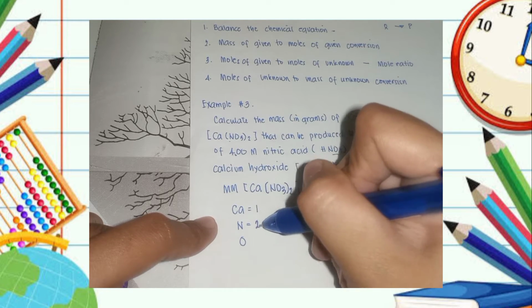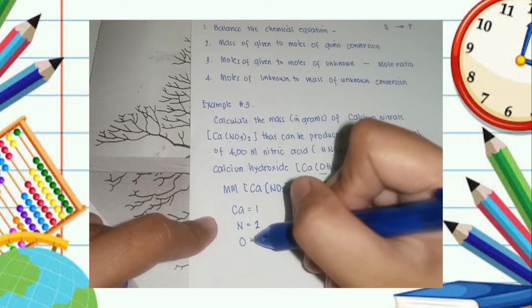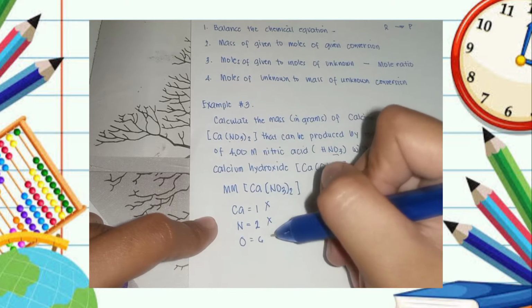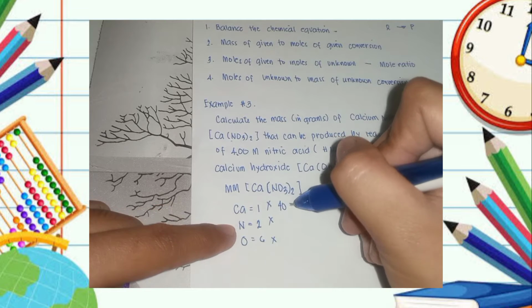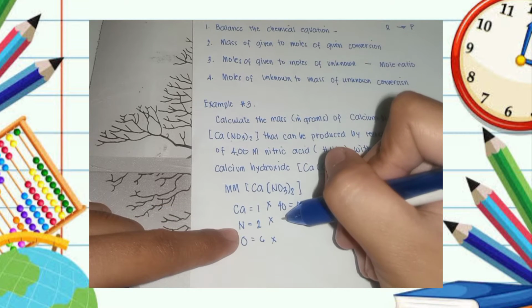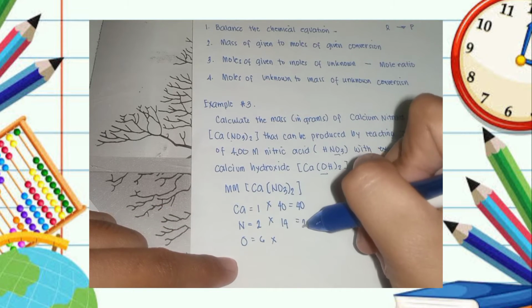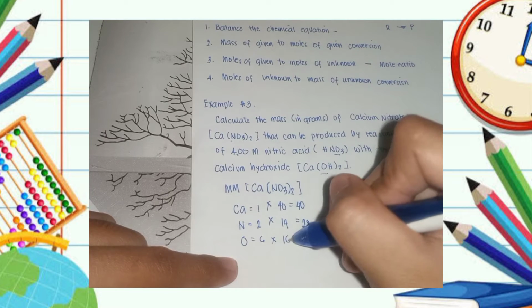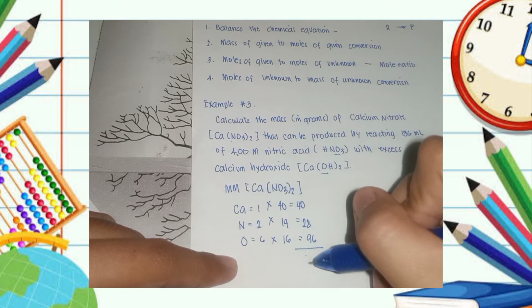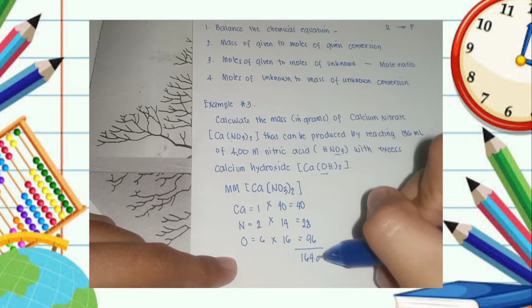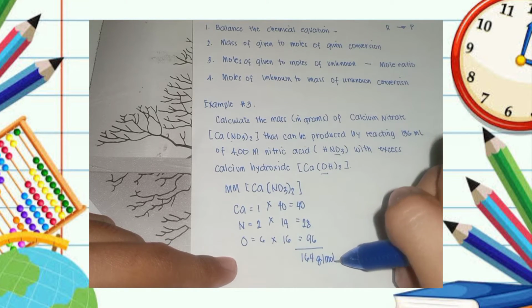Nitrogen, we have 2. Oxygen, we have 6, times their masses in the periodic table. Calcium is 40. Nitrogen is 14. Oxygen is 16. Giving us a molar mass of 164 grams per mole.